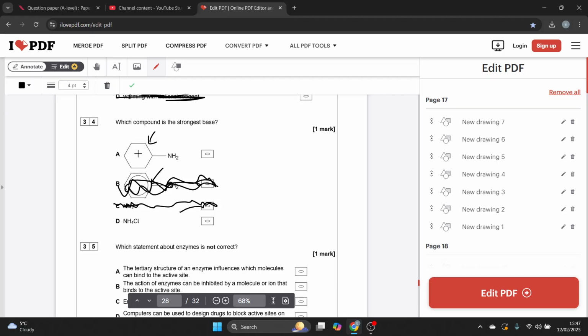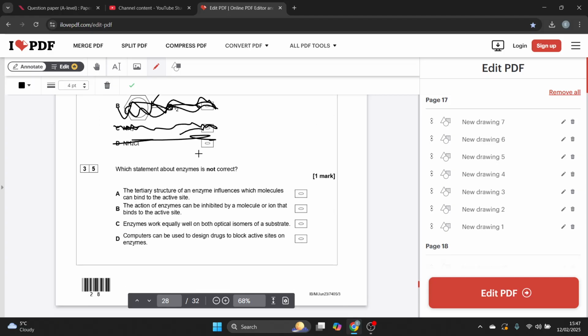Well, what is this? Methane, ethane, propane, butane, pentane, hexane. 1, 2, 3, 4, 5, 6. Cyclohexane. What's cyclohexane? C6H12. So, yeah, because that's going to be attached to C6H12, whereas this is NH4Cl. So yeah, that will be the strongest base. Positive inductive effect, electron releasing character, and all of that.